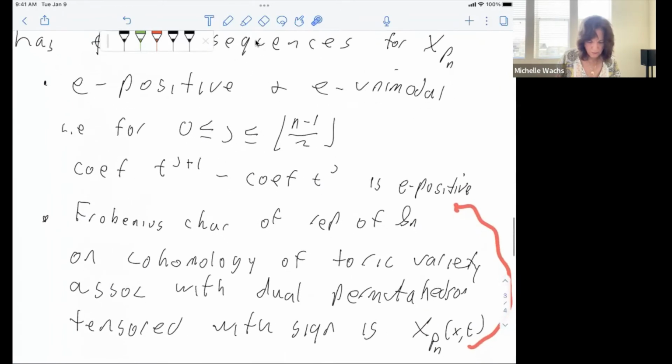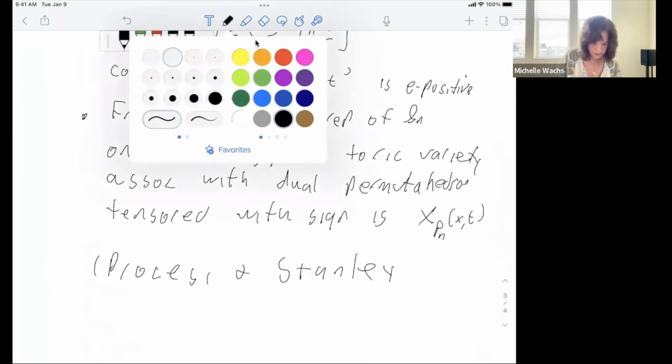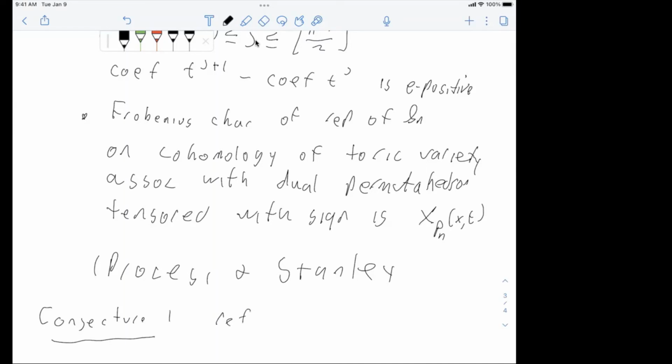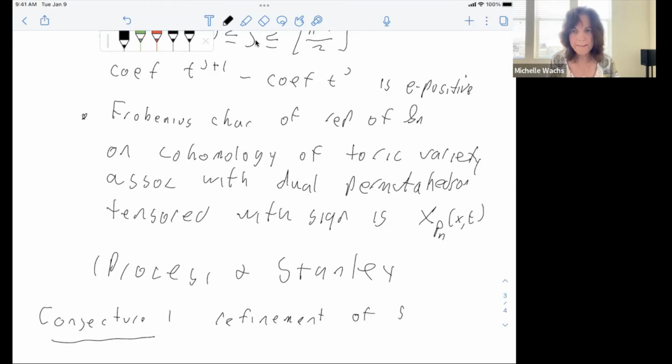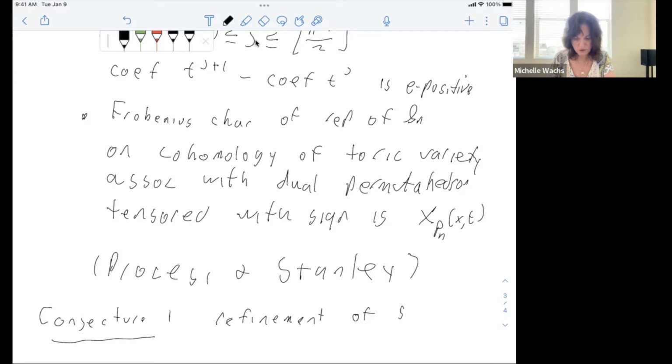So these two properties are what led to our conjectures. Michelle, yes, there's a question in the chat: do Procesi and Stanley have a cohomological interpretation of the H-positive version?